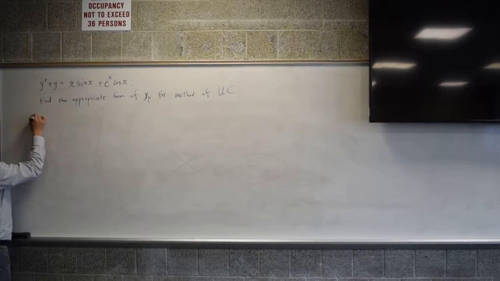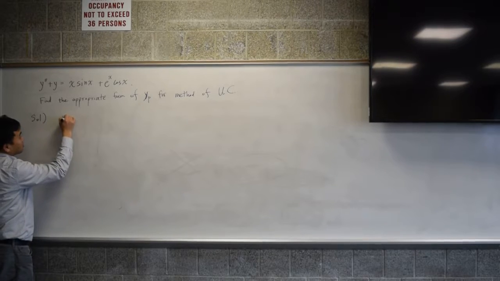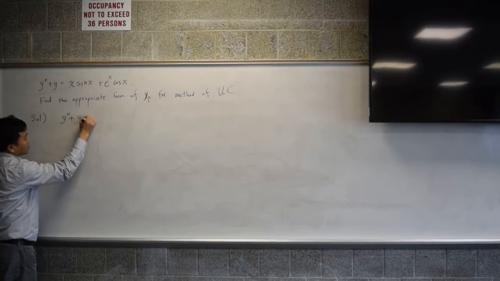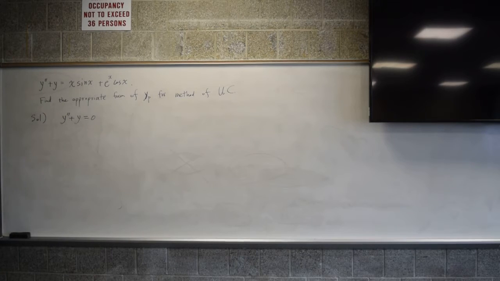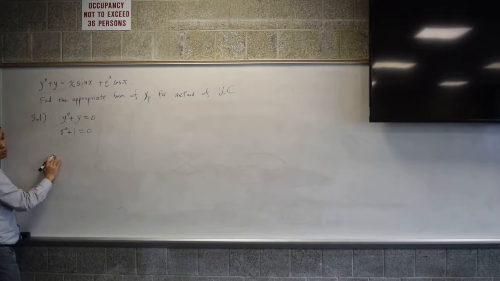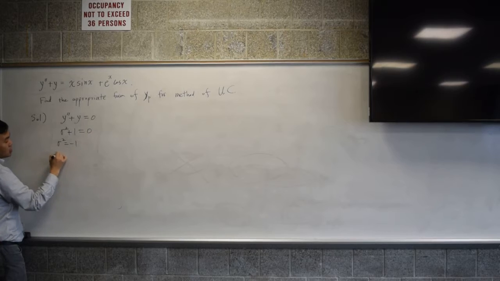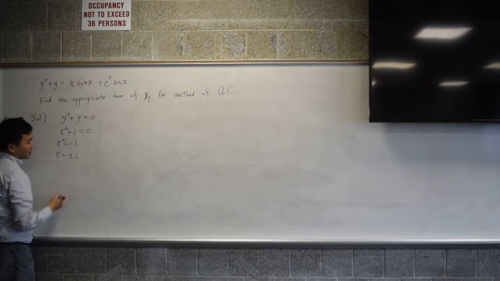First, you need to start with a complementary solution. How do you do the complementary solution? Complementary means the solution of the homogeneous differential equation. And the characteristic equation is r squared plus 1 equals 0, whose solution is r equals plus minus i.